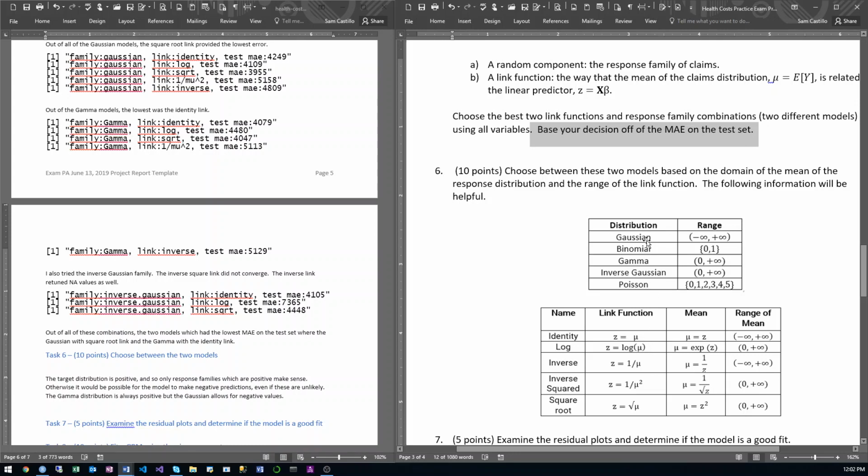Now a Gaussian mean can be positive or negative, right? A gamma mean, because the gamma is always positive, can only be positive. And so through the link function, the mean of the gamma distribution should always be positive.